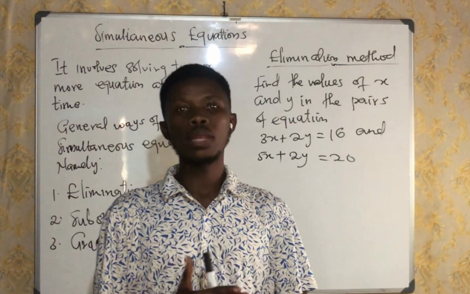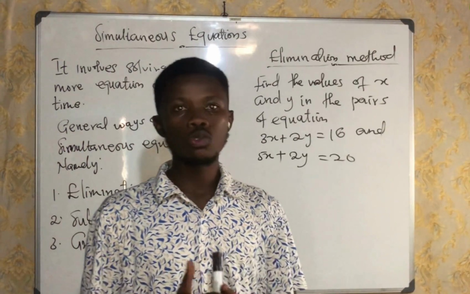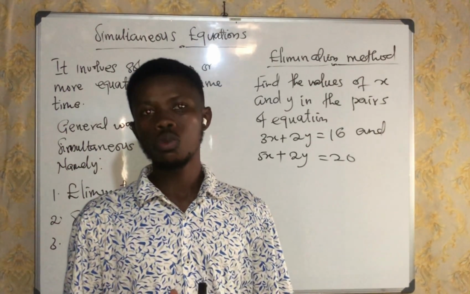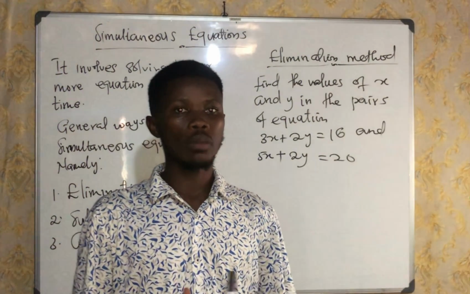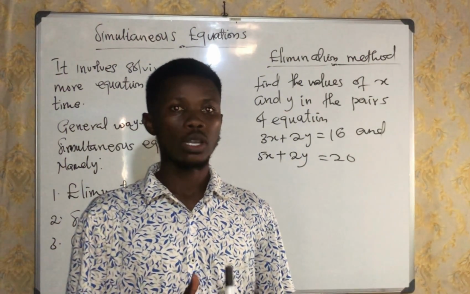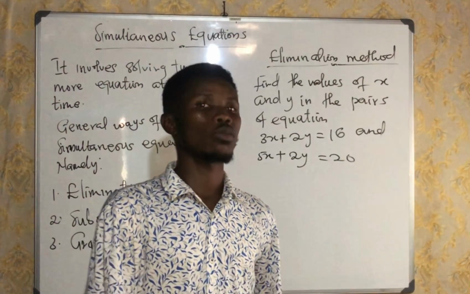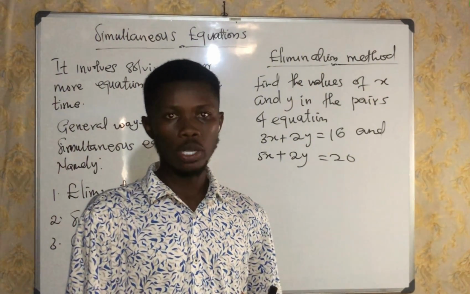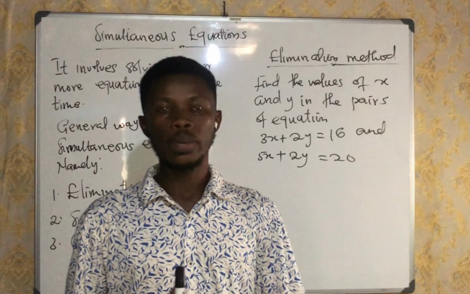So using the elimination method simply means if you are dealing with two variables, then you are trying to take off one of the unknown variables. It can be any variable at all, the variable that we are looking for. So you have to try to take off one of the unknown variables, leaving the other one so that you can solve for it. That's how the elimination method works.